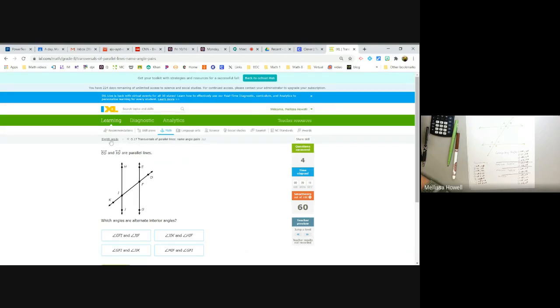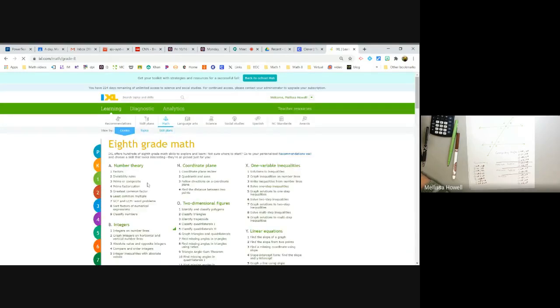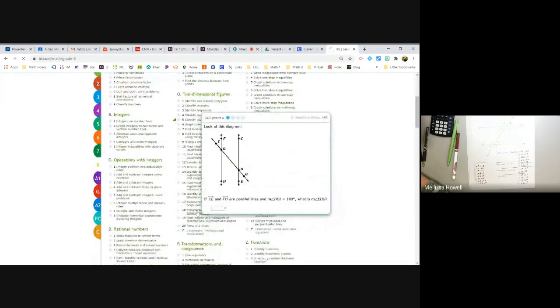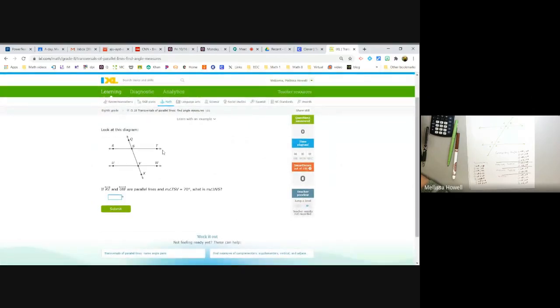Okay, that's 0.17. Let's look at 0.18. If RT and UW are parallel and TSV, so that's this angle right here, is 70, what is UVS? And that's this angle. Well, they're alternate interior, so I know they're congruent, so this one would also be 70.